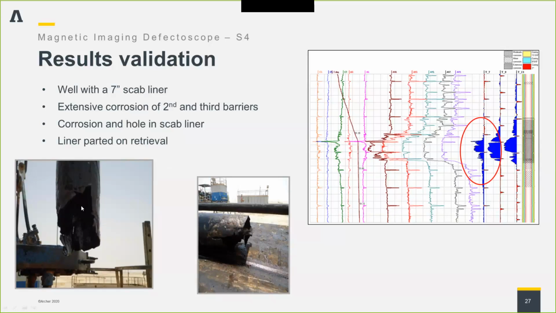So this is actually a very good validation of the results and the interpretation acquired in the downhole environment. It's a nice way of showing that the tool and the processing are actually robust enough, and we have a high confidence in the accuracy.